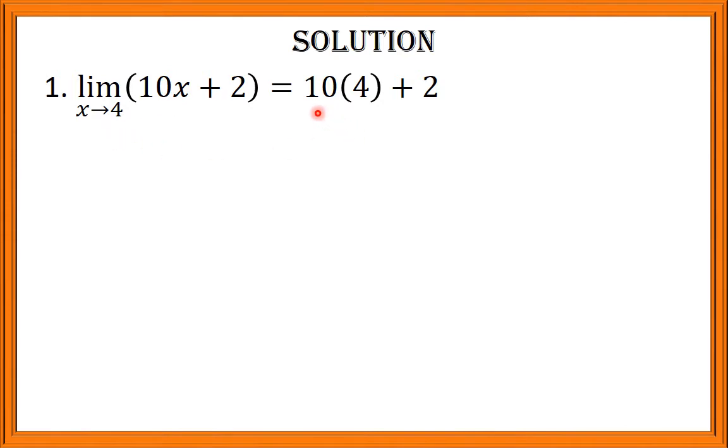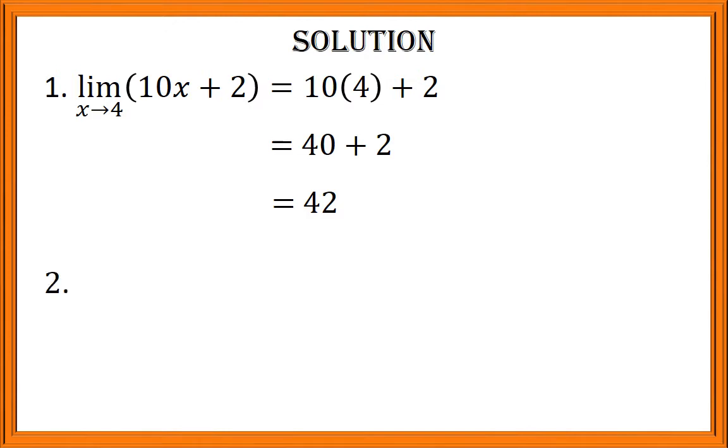So this gives us 10 multiplied by 4 plus 2. And 10 multiplied by 4 gives us 40, plus 2 gives us 42. That is, the limit of 10x plus 2 as x approaches 4 will be equal to 42. I hope you had that.